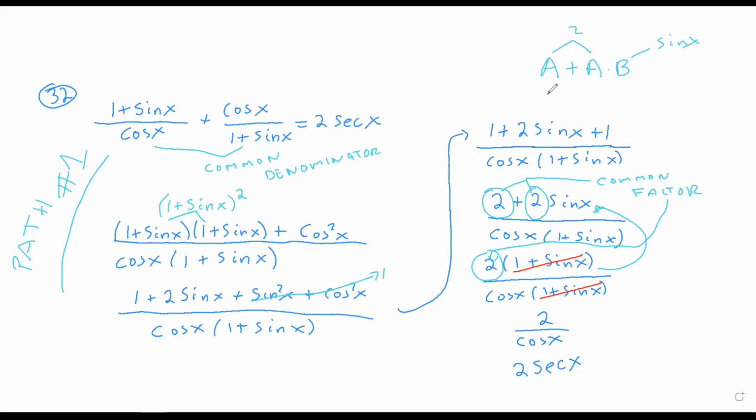You take the a divided by a, which is 1, and a multiplied by b divided by a is b. So the a is the 2, the 1 plus b is the sine of x.